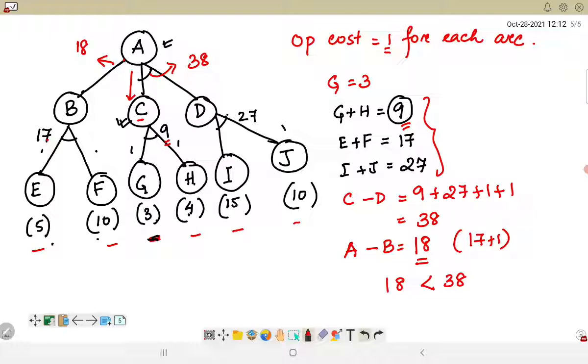So actually the search or the expansion or the path through B should be solved.